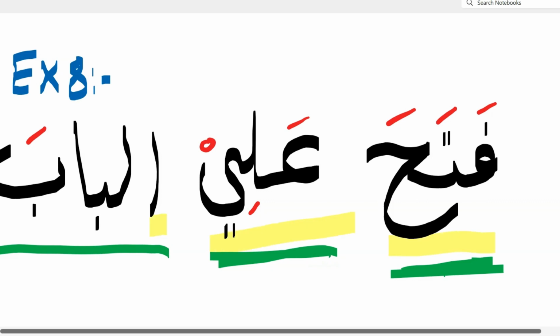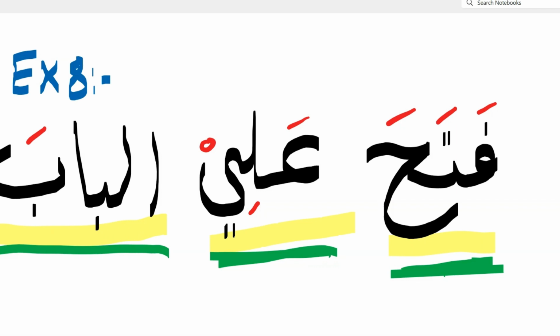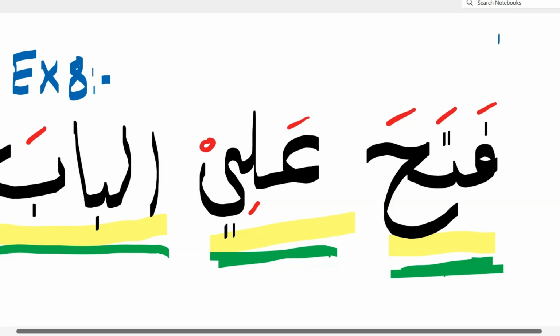Fataha Ali al-bab. So Ali opened the door. And I hope you notice a difference in the structure of the sentences in Arabic. In English, you say Ali opened the door, right? So you start with a subject. But in Arabic, the most common structure is to start with the verb as the first word.